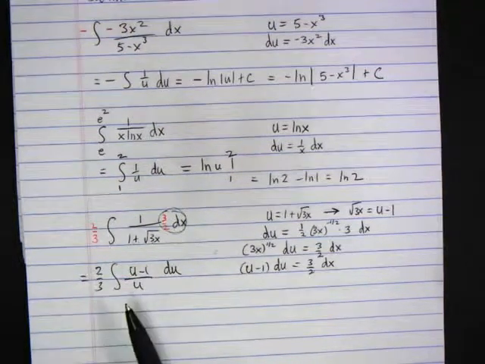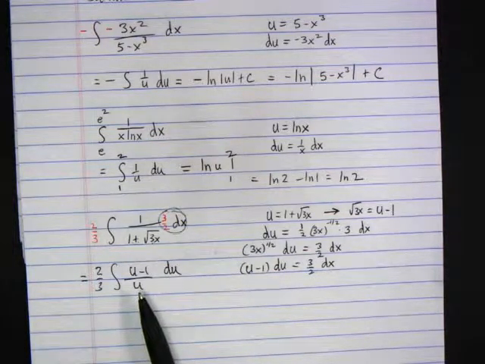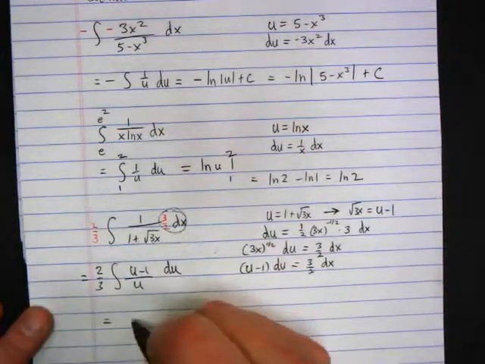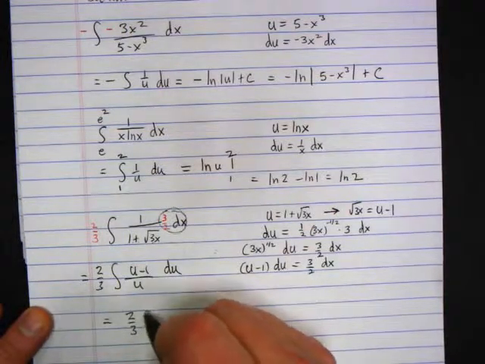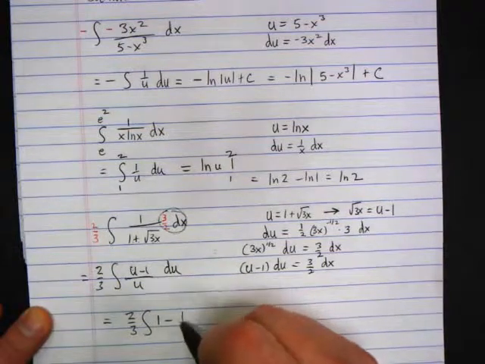Can I integrate u minus 1 over u? Yes, no, maybe? How about if I write it as 2/3 integral of, what's u divided by u? 1 minus 1 over u du.